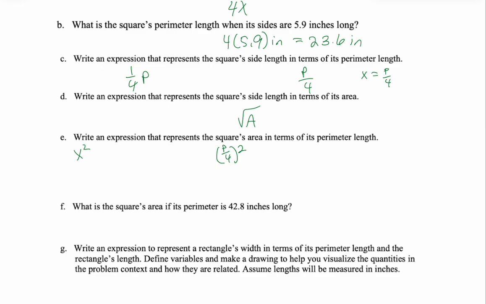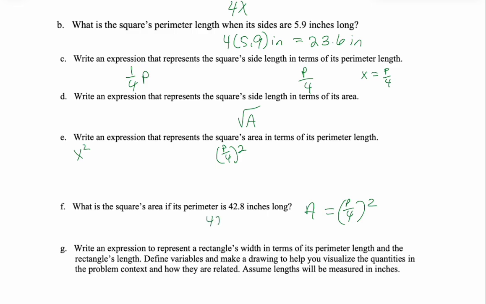What's great is for F, we now have a formula. We know that the area is P over 4 squared. So if you know the perimeter, 42.8, we can just stick that into that.